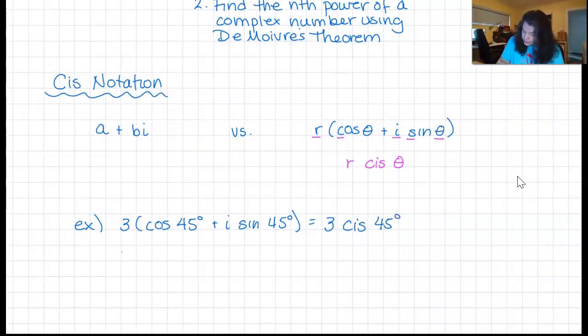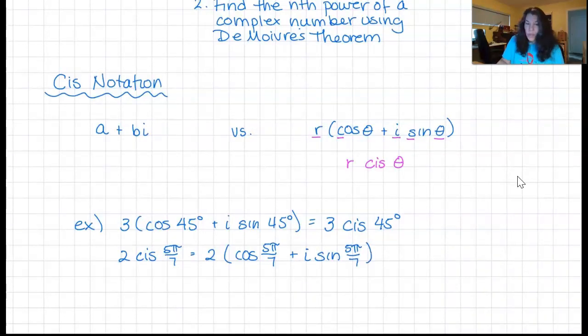If we had 2 sis 5 pi over 7, that is the same thing as 2 cosine 5 pi over 7 plus I sine 5 pi over 7. Means the exact same thing. So I'm going to be using that notation a lot throughout the next 2 videos because it's just easier.